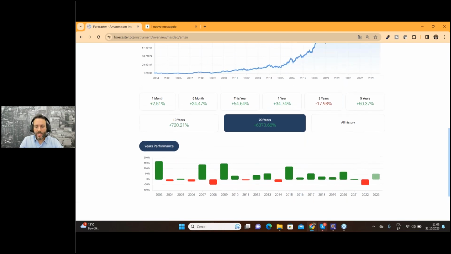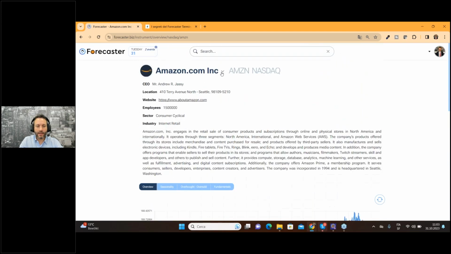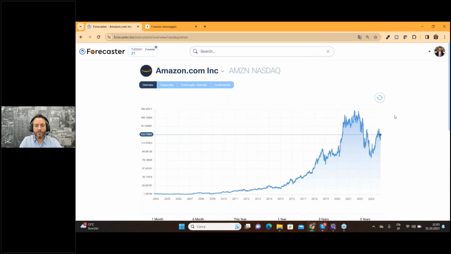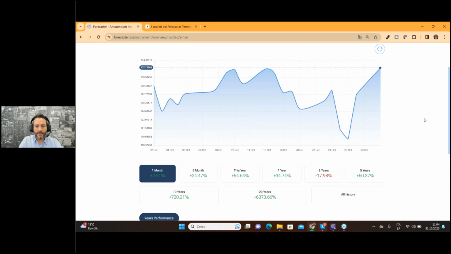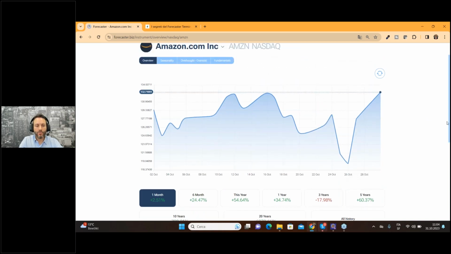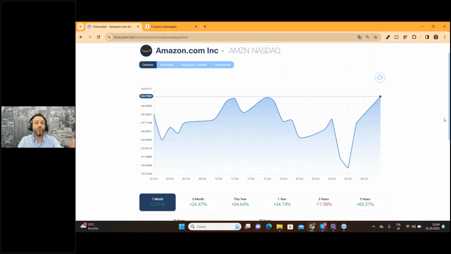So let's start immediately to see how to do a complete analysis on the stock. In the last few days, earnings data have come out that have beaten the expectations that analysts had, which is why the shares have had a nice rise in the last 2 sessions.